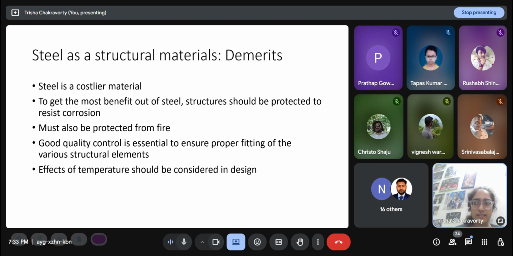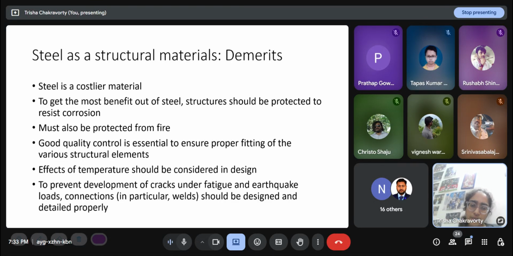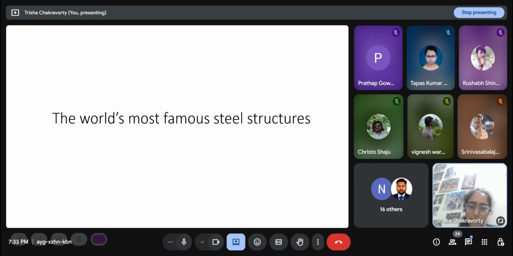In general cities, I don't think it is that important, but in a factory, for example, where there might be extremely high or low temperatures, this has to be considered. To prevent development of cracks under fatigue and earthquake loads, connections, in particular welds, should be designed and detailed properly.